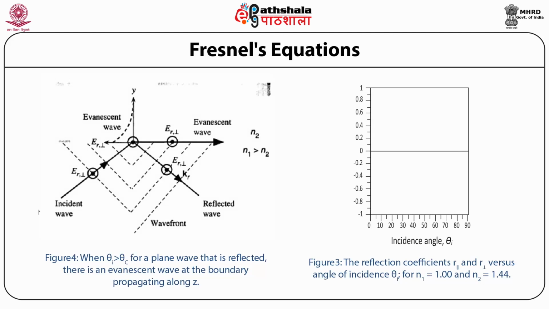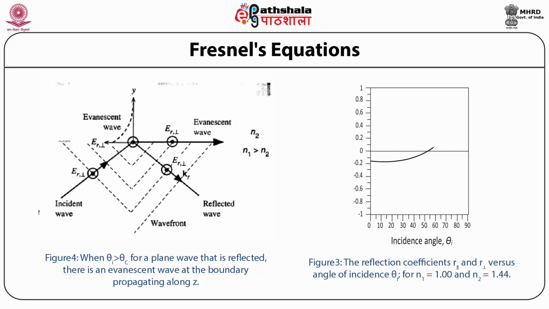Figure 3 shows how the reflection coefficients r perpendicular and r parallel depend on the incidence angle theta i. For external reflection, n1 is equal to 1 and n2 is equal to 1.44. At normal incidence, both coefficients are negative, which means that in external reflection at normal incidence, there is a phase shift of 180 degrees.